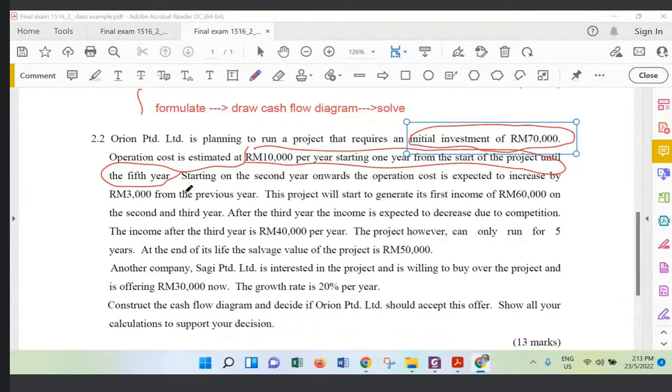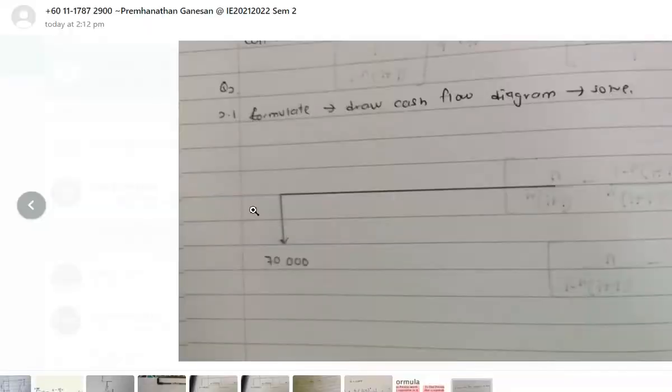The third one is starting on the second year onwards. The operation cost is expected to increase by 3,000 from the previous year. So can you draw this third one, Chai? Alright, very good.